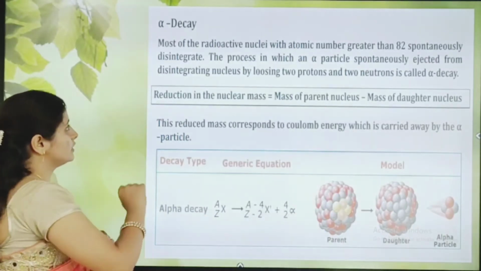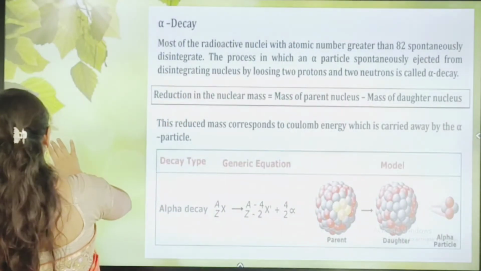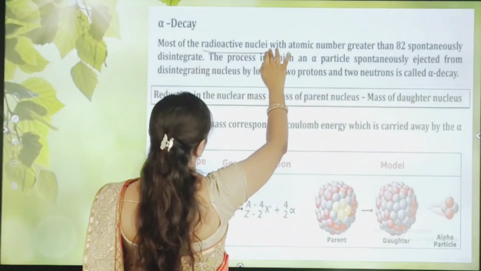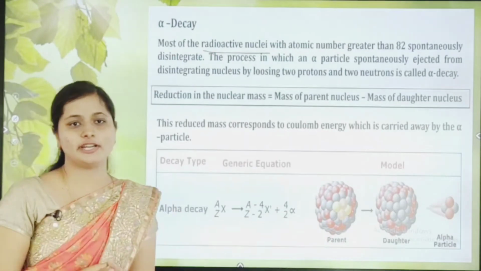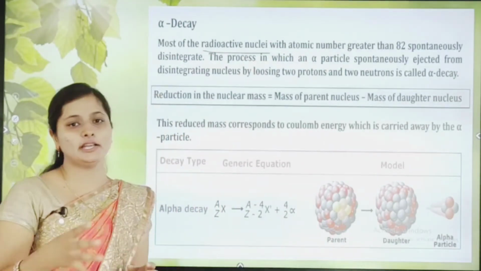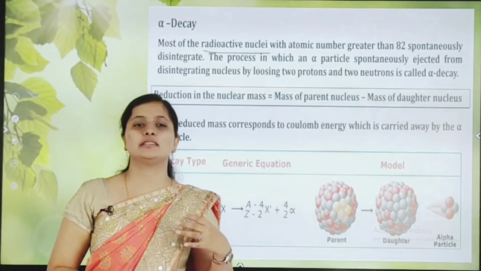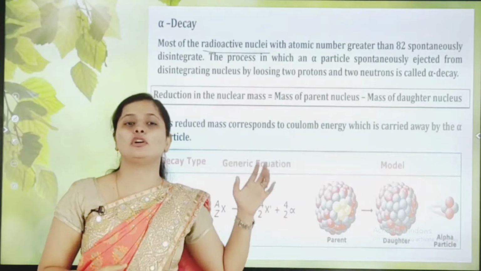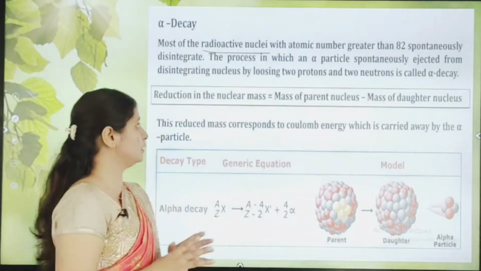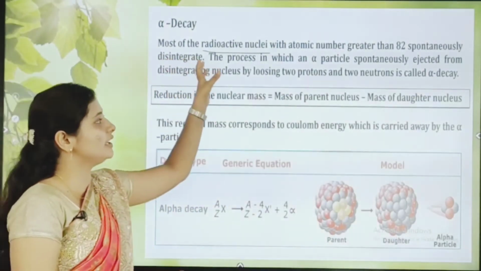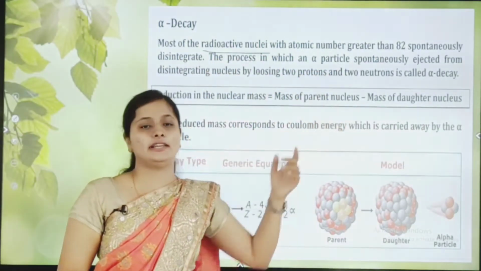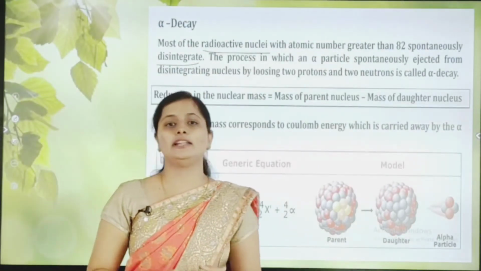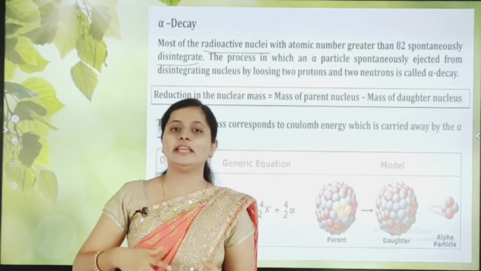First, what is a radioactive nucleus? In the periodic table, an atom which has atomic number greater than 82, such an element we can call a radioactive element. Okay. So, first line: most of the radioactive nuclei with atomic number greater than 82 spontaneously disintegrate, spontaneously meaning naturally.